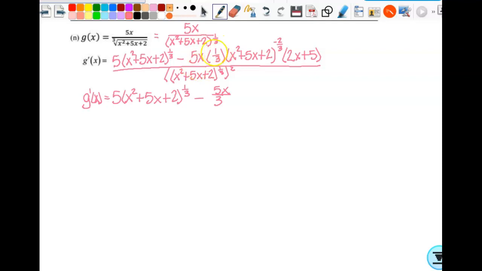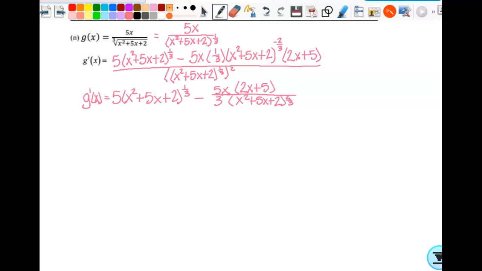I'm multiplying these together. Okay? Make a big old fraction here. In the numerator, I can also have 2x plus 5, because we don't want to leave negative exponents. And then the denominator, I'd have (x squared plus 5x plus 2) to the 2/3 power. So that's just the two terms in my numerator.